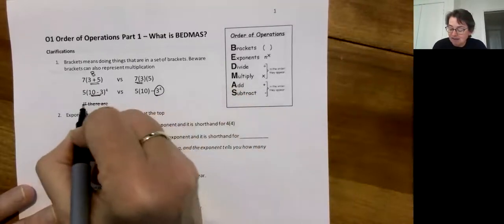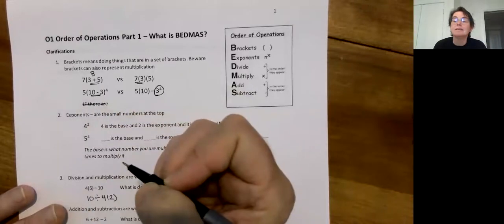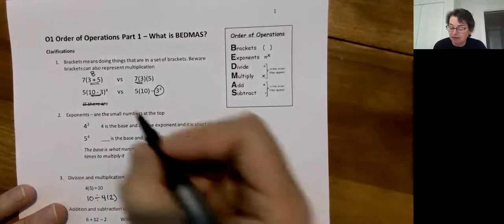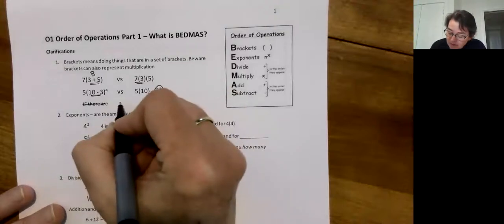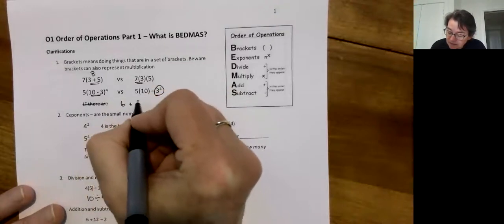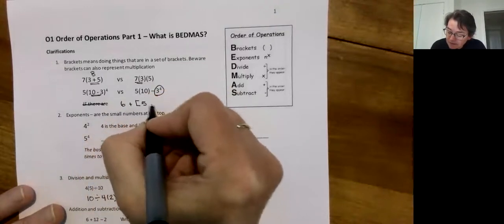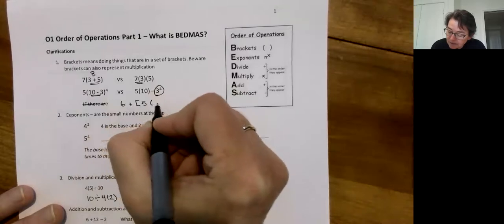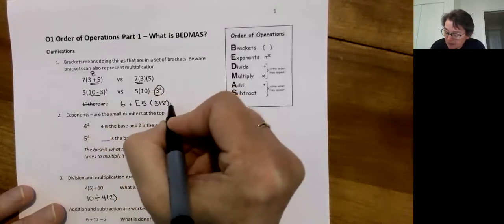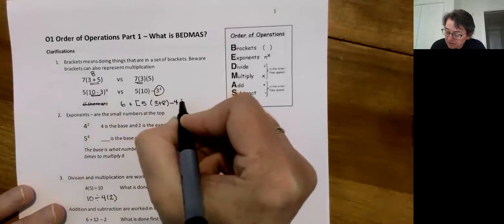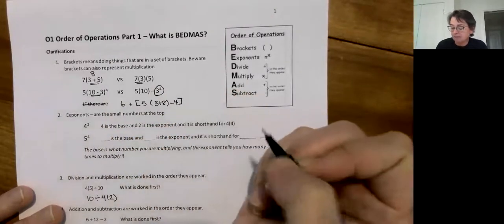And I'm just going to cross that out because I don't know what I was trying to think of last night when I was writing that. Oh, now I do. If there's multiple sets of brackets, so 6 plus 5, 3 plus 8 minus 4, something like that.